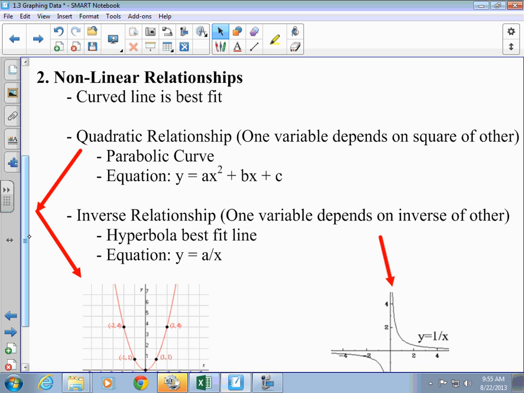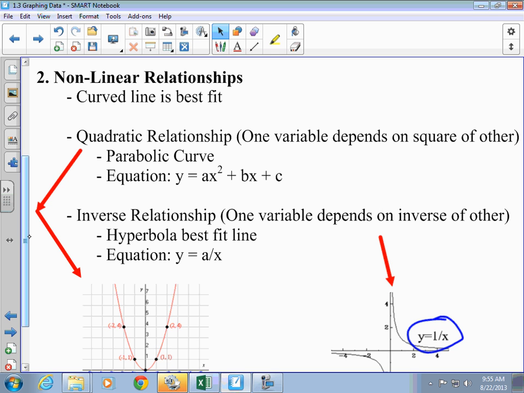So as one number gets higher, the other one gets infinitely lower. For example, on the bottom here, the equation is y is equal to 1 over x. If x was 1 million, y would be 1 millionth. So you can kind of see the graph there and how it would plug in.